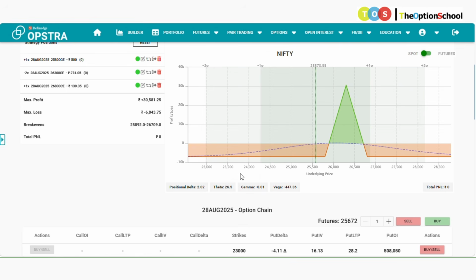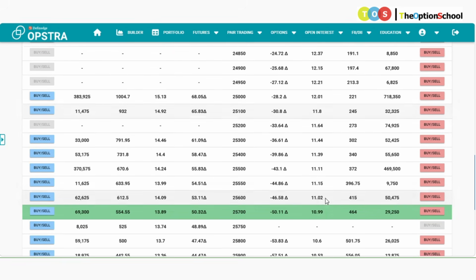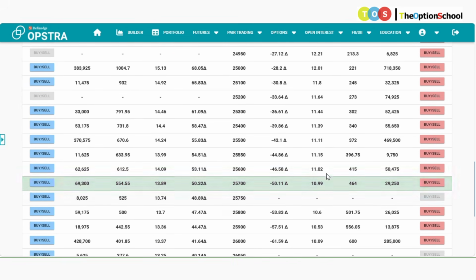Now this is the trade. This trade has a relatively small profitable range, and I want to increase it. So we will create a put side also.